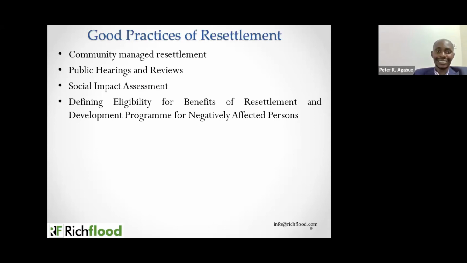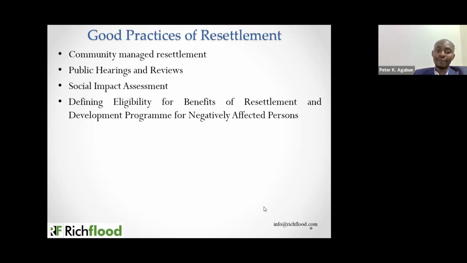Community managed resettlement. Community managed resettlement is a very good practice. It is one of the good practices of resettlement around the world. That does not mean mere community participation, but allowing the community to control and own the resettlement program.